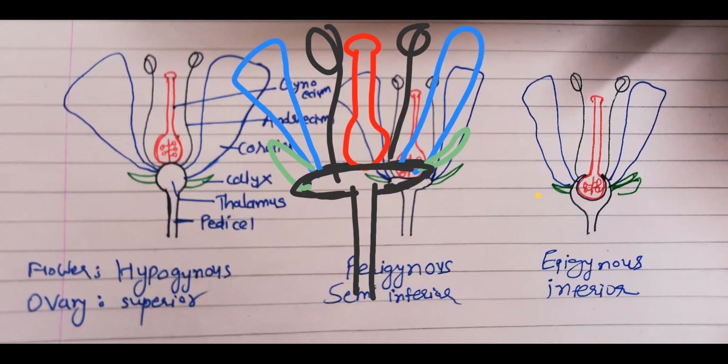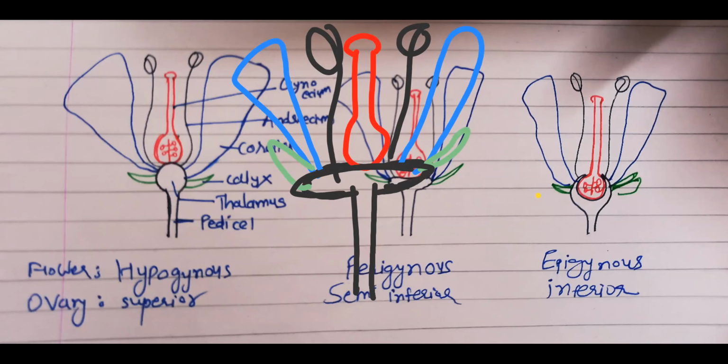Dome shape clearly indicates that the gynoecium is at the superior position. But when the thalamus becomes flat disc shaped, can we say that all the floral appendages are arranged almost at the same level? Yes, right?